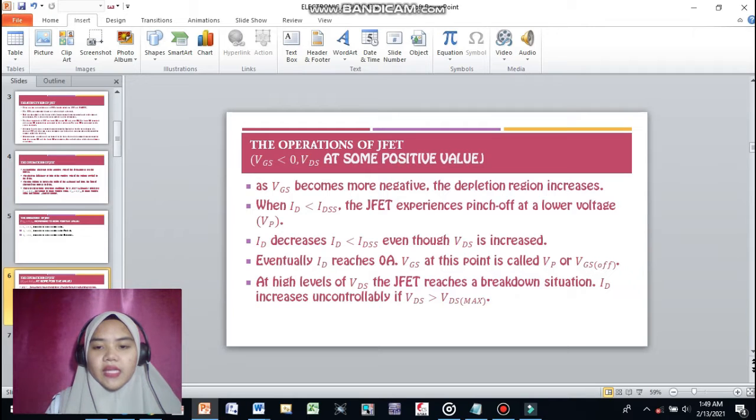Even though VDS is increased, eventually ID reaches 0 amperes. VGS at this point is called VP or VGS off. At high levels of VDS, the JFET reaches a breakdown situation. ID increases uncontrollably if VDS is larger than VDS max.